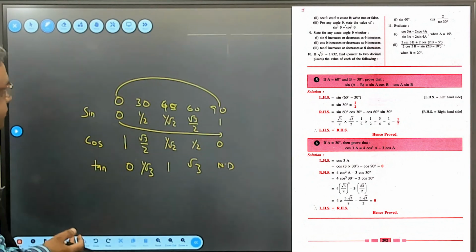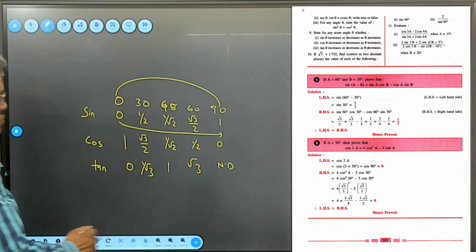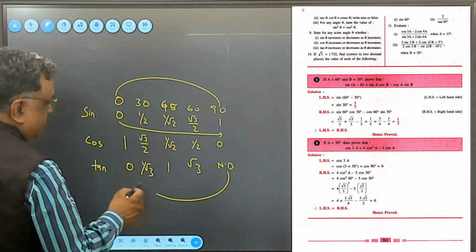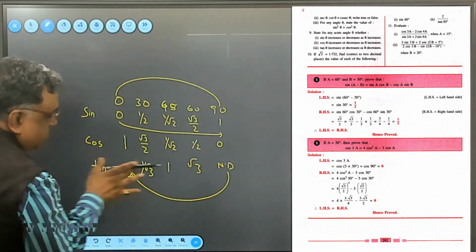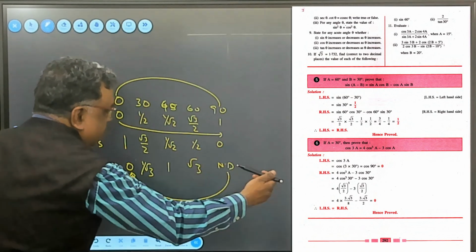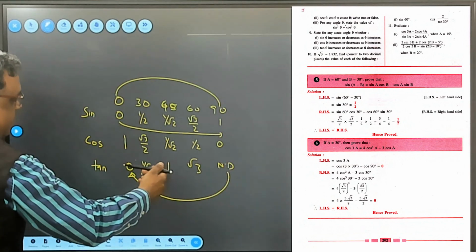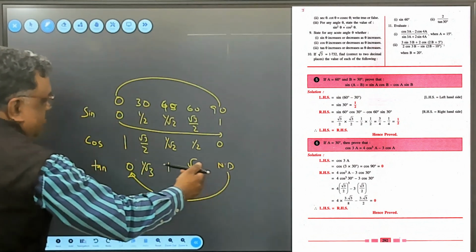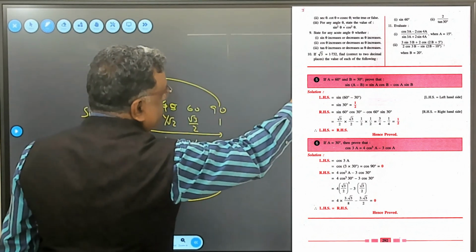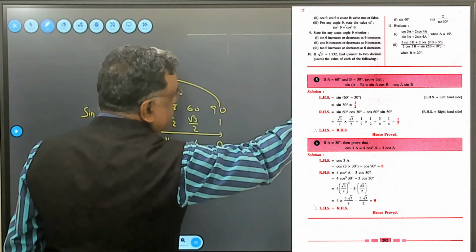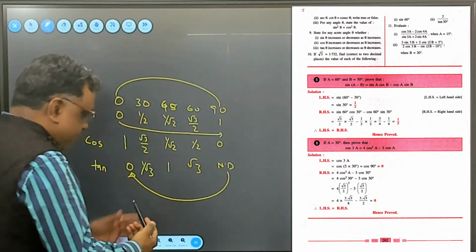So as theta decreases, meaning it is coming from here to here, right? The value increases as theta goes from 0 to 90, and decreases going from 90 to 0. So as the angle decreases, the value of tan theta also decreases. So the answer is, as theta decreases, tan theta also decreases.